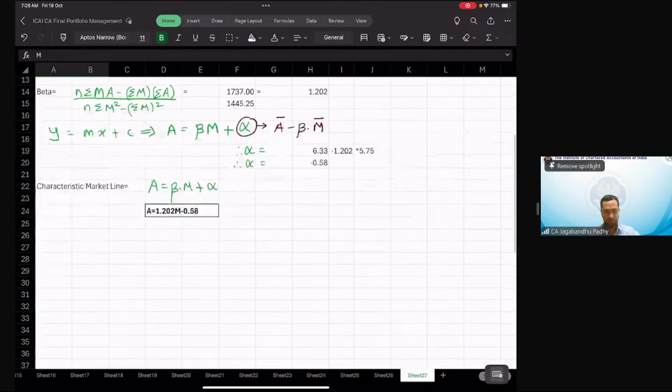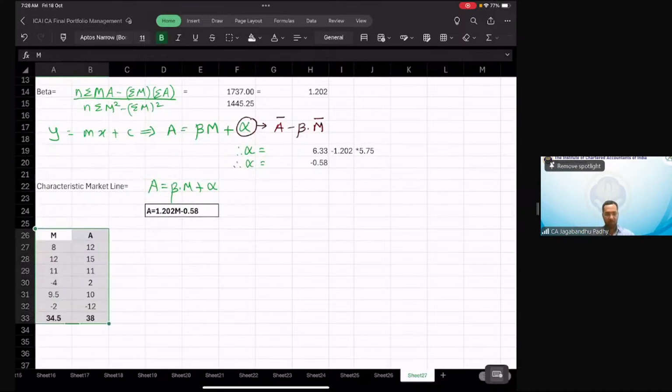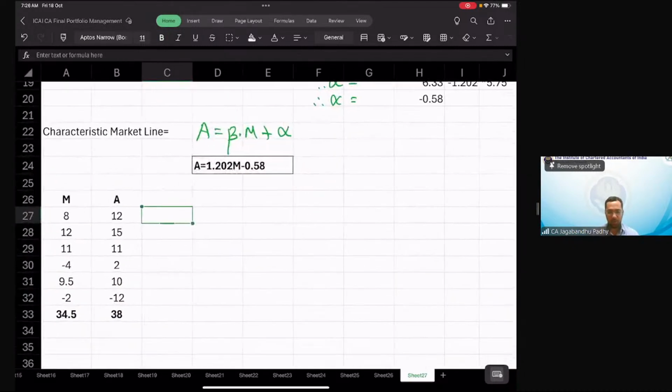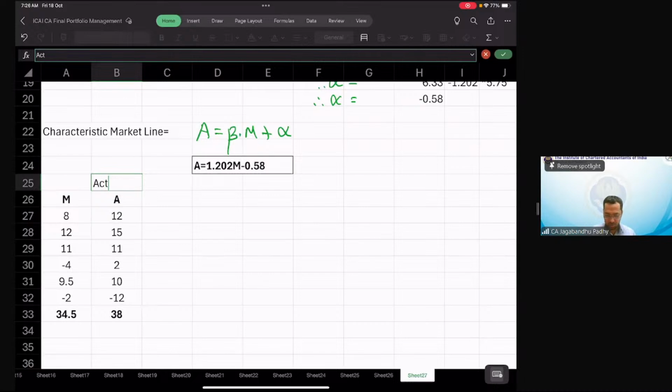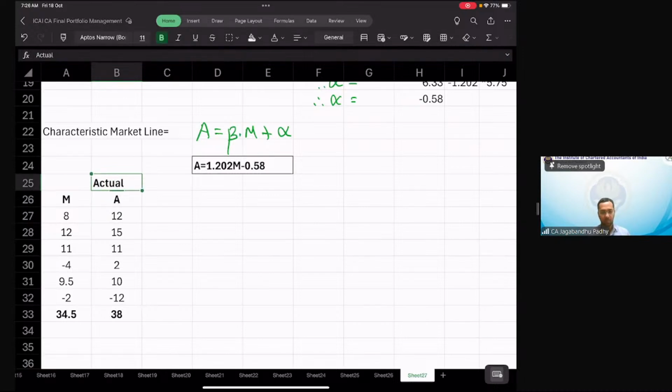Now let me just show it to you how this really works out to be, the scatter plot. So let me just take down the values over here. Now return of A, these returns, the returns that we have, values of A, these returns are our actual returns. These are our actual values of A. But we already have an equation over here, which is A is equal to 1.202 into market minus 0.58.